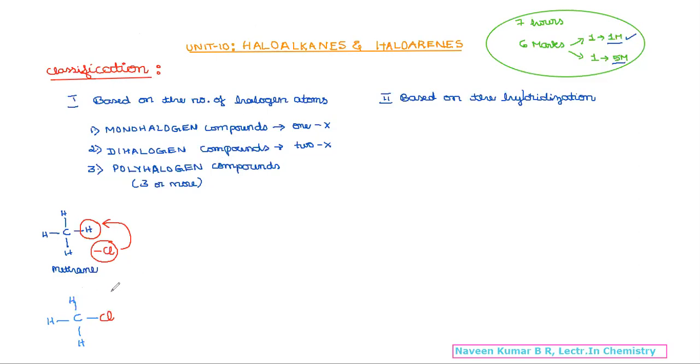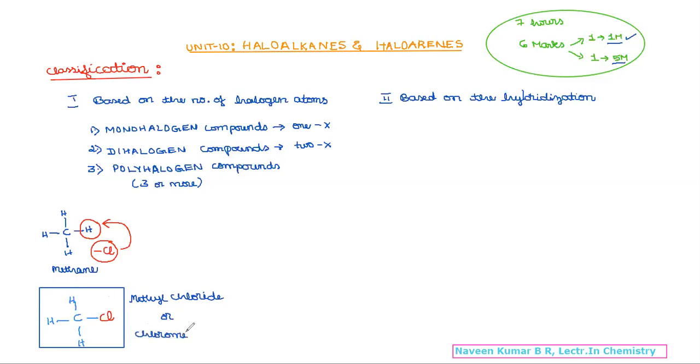Now we can call this organic compound a monohalogen derivative of an aliphatic hydrocarbon, and we can name it. It is a methyl group with chloro, that is chlorine as the halide. So the name of the compound is methyl chloride, or the IUPAC name is chloromethane.